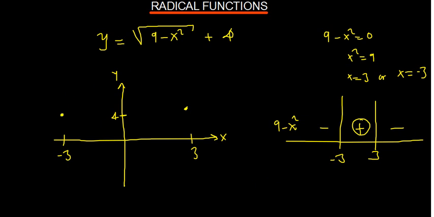So if there is a negative, it goes towards the negative values of y, so the function would have been going like this, and then this side also it would have been going like that. So this value where they meet, still x is supposed to be 0, so it's going to be negative square root of 9, which is a 3. So that would be negative 3 plus 4. Negative 3 plus 4, that is a positive 1.